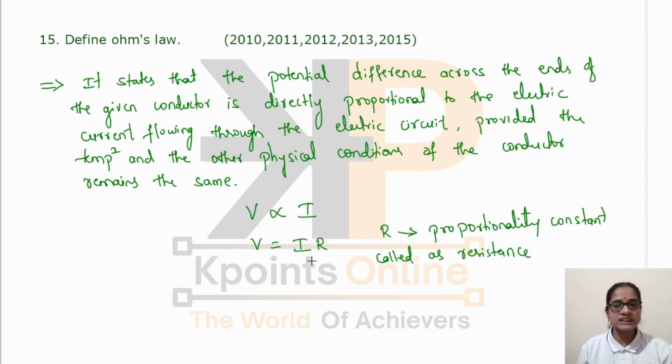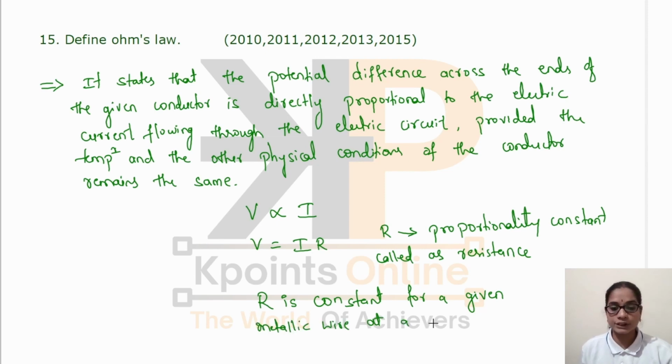When the temperature changes, this R will also change. So it is important to mention that the temperature should remain constant. Then only the Ohm's law will hold good. R is constant for a given metallic wire and at a given temperature.